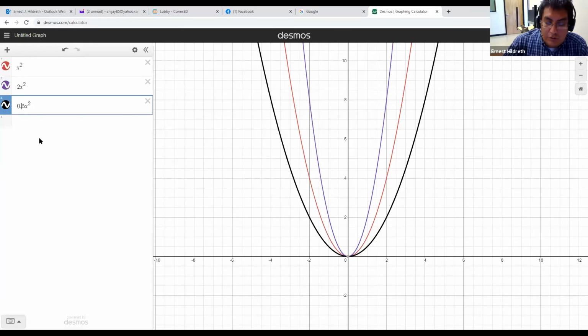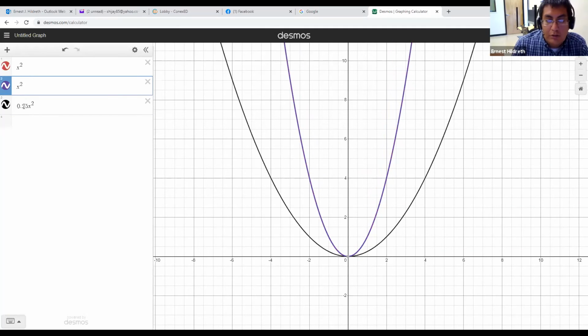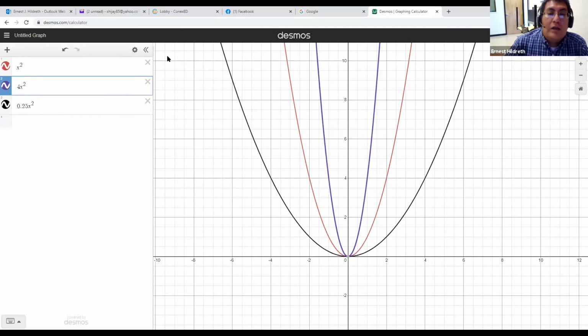So we can even go further with 0.25. As you can see, it stretches out further. And if our number increases to higher than 1, let's go with 4, it shrinks even more. So this is what they mean by stretching and shrinking.